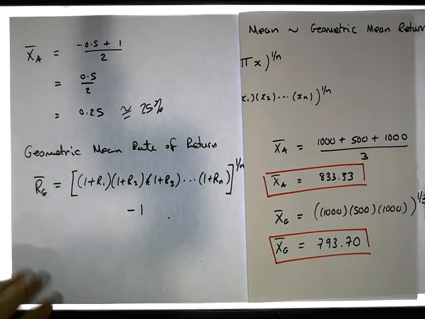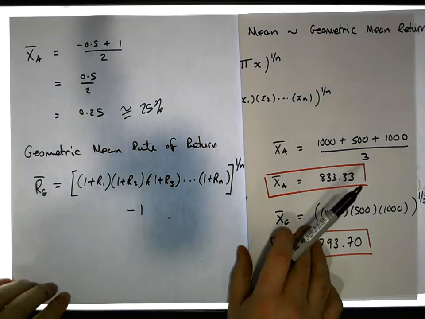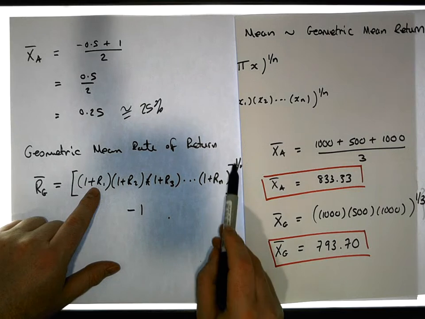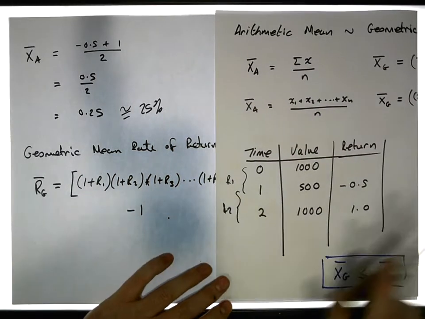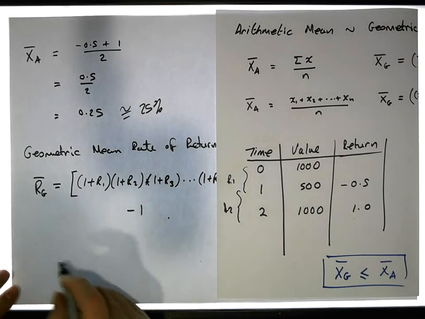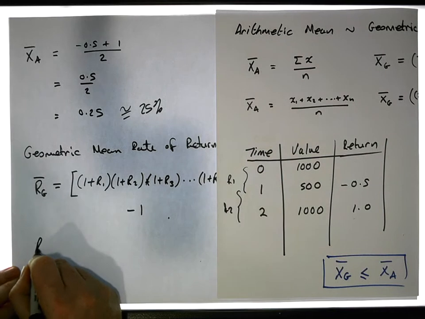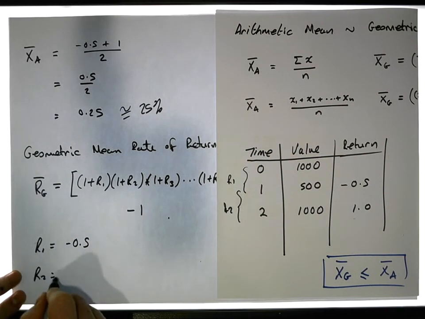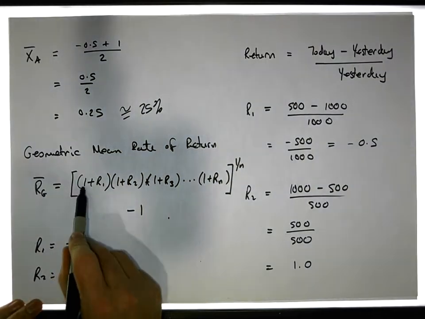So the geometric mean itself was just the product of R1 times R2 times R3 times Rn raised to the power of 1 over n. But what we're actually doing here is compensating for the negative values. After we calculate the returns, in this case R1 is equal to minus 0.5 and R2 is equal to 1.0, we calculate 1 plus these.